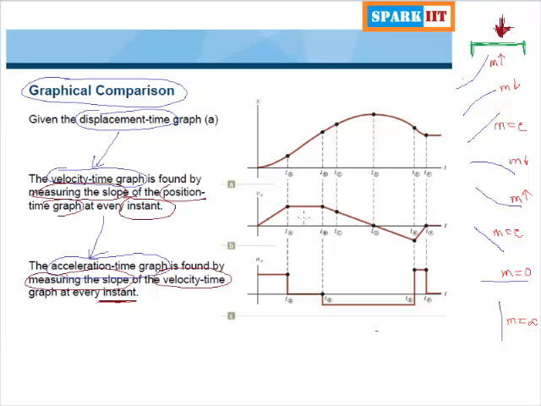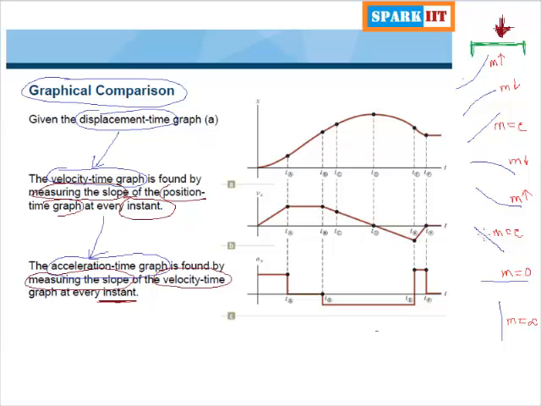Similarly, from this velocity time graph I will draw the acceleration time graph. In this portion the graph resembles this one, so slope is constant, so acceleration is also constant. From this point to this point the slope is 0, so the acceleration is 0, and I join these 2 points to make it continuous.